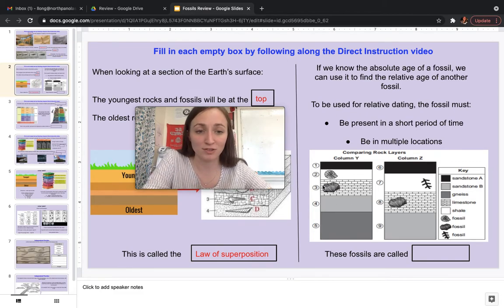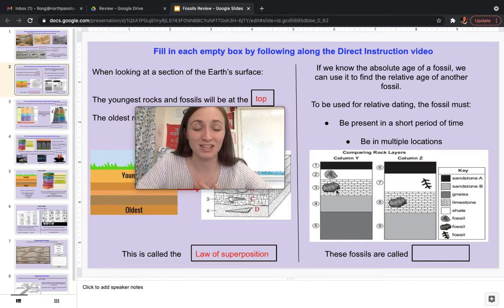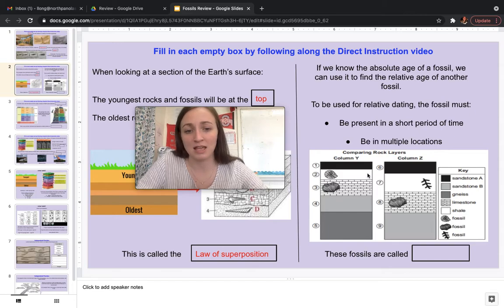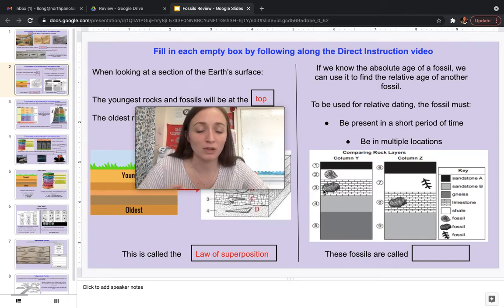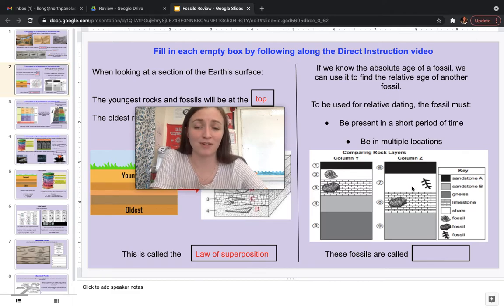So if that fossil is present in a short period of time, meaning it's within just one layer of a specific place in the earth, so like here fossil 3, we don't see it in this layer and that layer and that layer. No, it's only in one layer. It's only in one spot. And it is also all the way over in a different part of the earth, but also in a single layer.